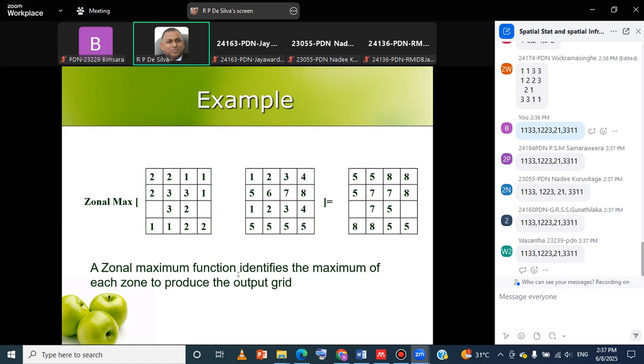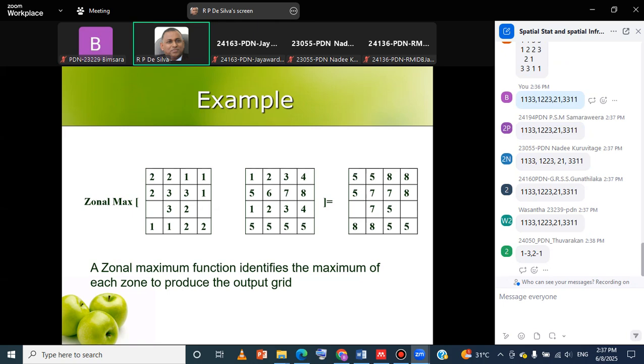Well, you got different answers, so some answers are not correct actually. Okay, let us look at zone 1. What is the minimum value in zone 1?